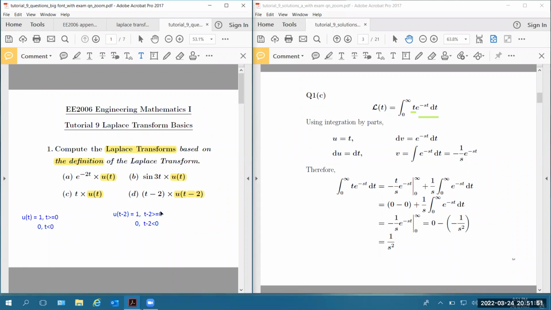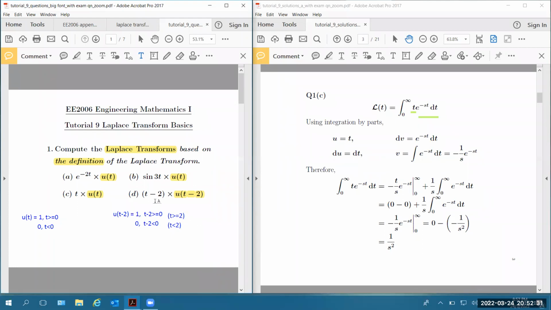And it will be 0 if your argument, t minus 2, is less than 0, which means t less than 2. Is this okay to you all? Any questions? If you have no question, then you know your u(t minus 2) will only be 1 for t greater or equal to 2.